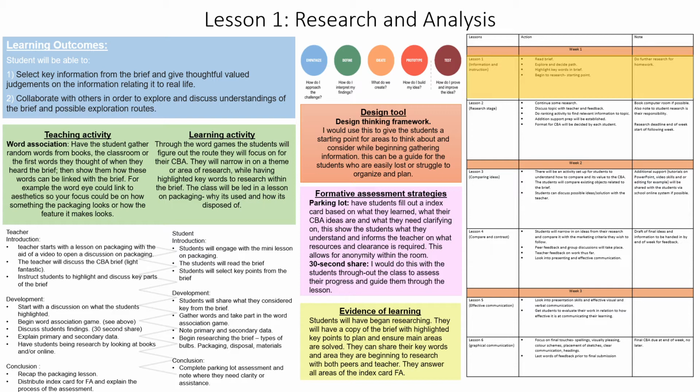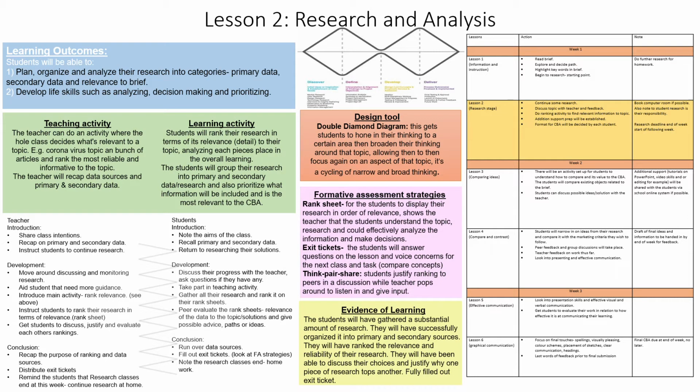My formative assessment approaches are all different throughout. If we take a look at the second one here, I've got rank sheets, exit tickets, and think, pair, share. This is a mixture throughout the entire 6 lessons for the benefit of myself, the teacher, and some of them are specifically to benefit the students so they can see what their progress is so far, and I can be aware of what I need to have prepared for next class or what I need to change, and note their progress through the CBA and where I need to help them and guide them.